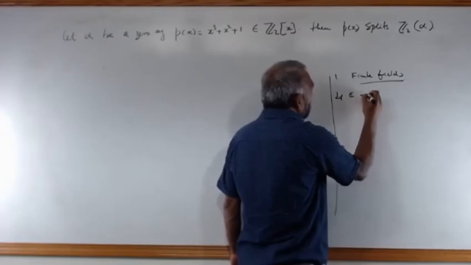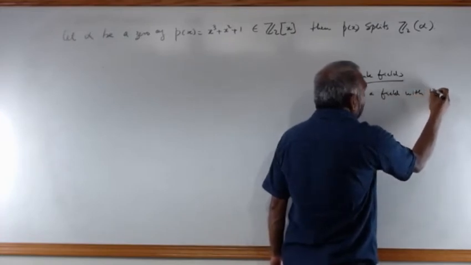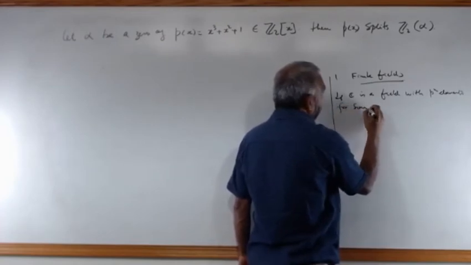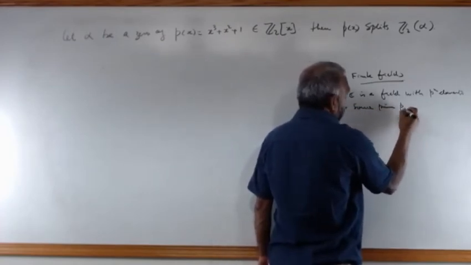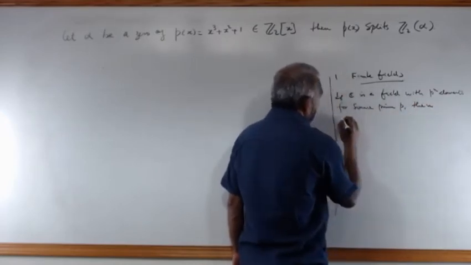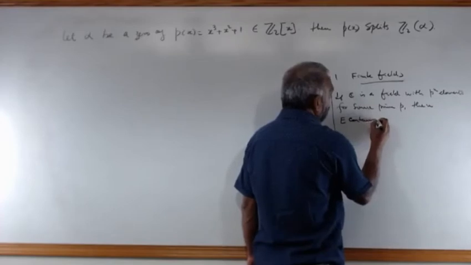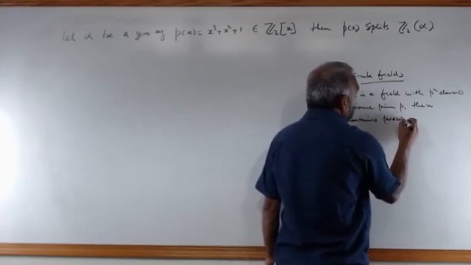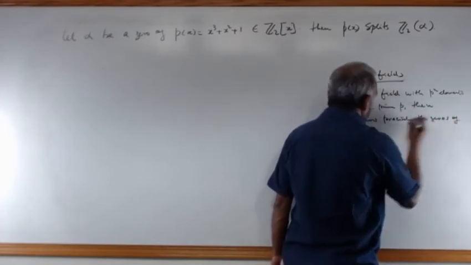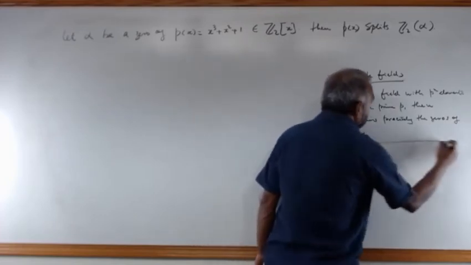If E is a field with p to the power of n elements for some prime p, then E contains precisely the zeros of x to the power of p to the power of n minus x. This is one result.